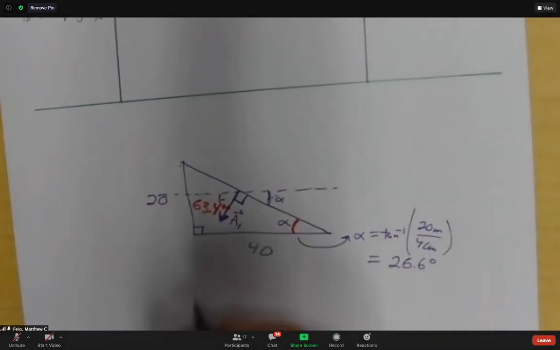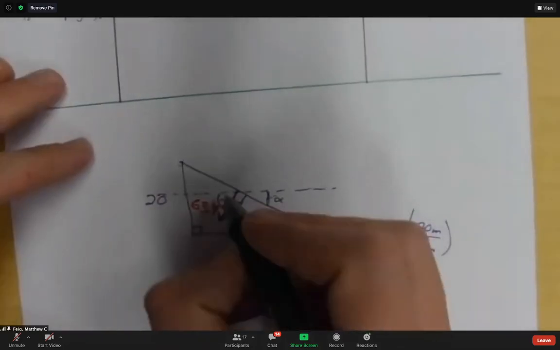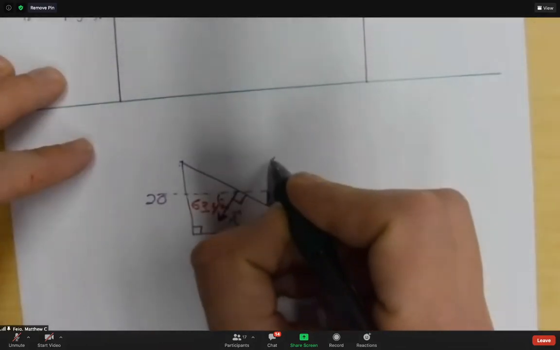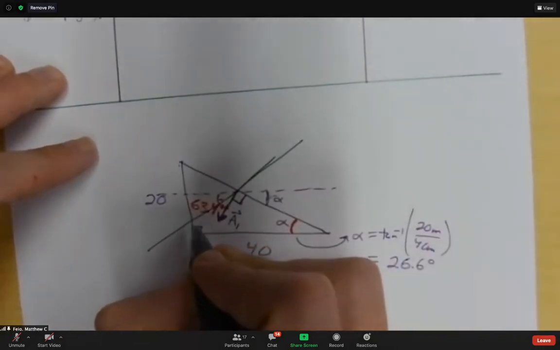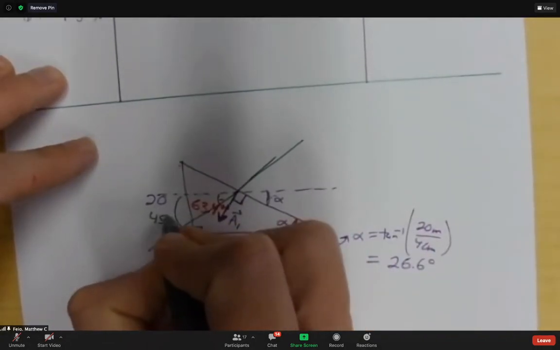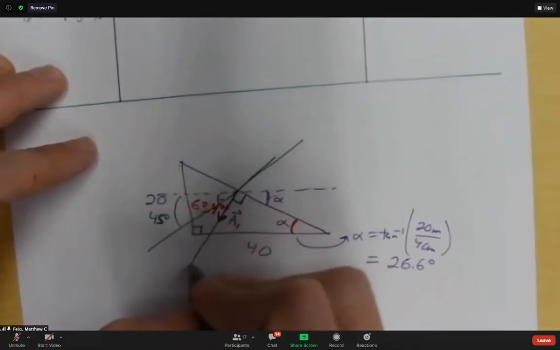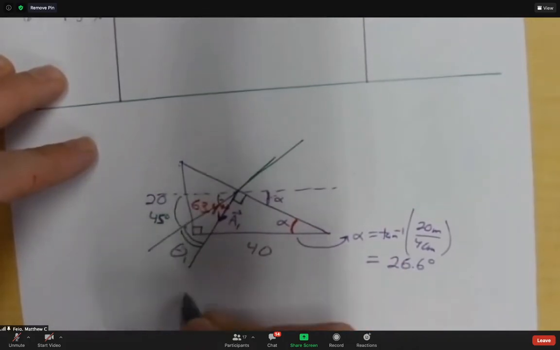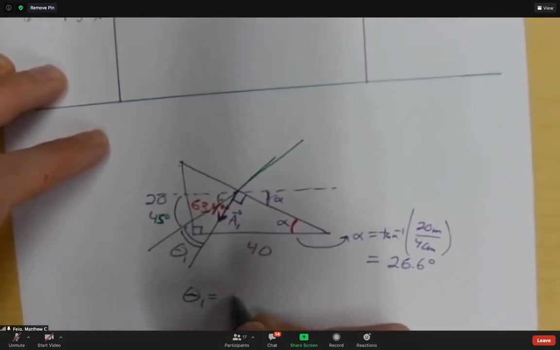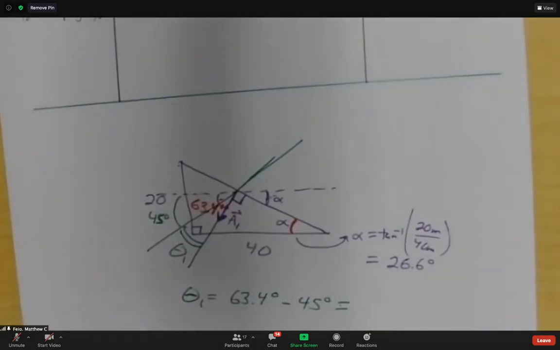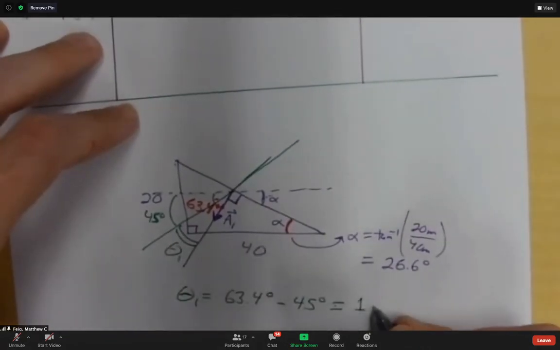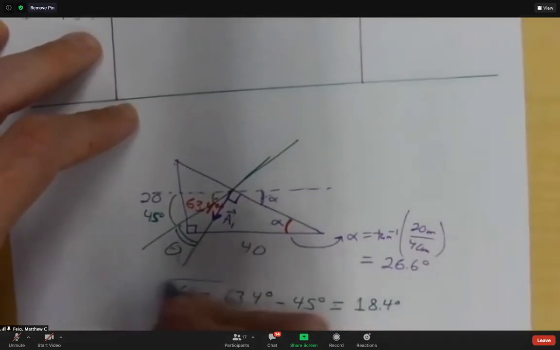So theta 1, because this is 45 degrees right here, this is 45 degrees, and I want theta 1, which is the difference here. So theta 1 is 63.4 degrees minus 45 degrees, and that's like 18 or so, 18.4 degrees.